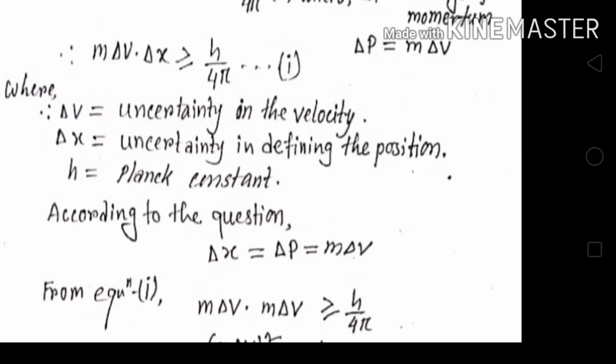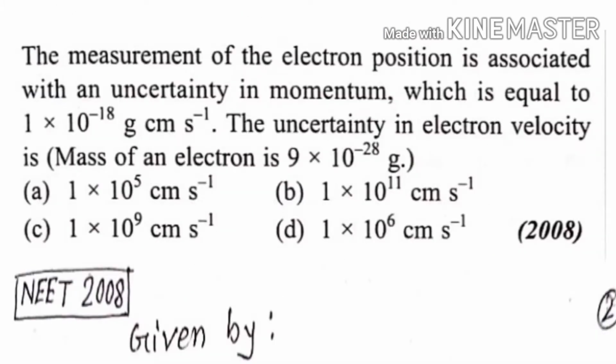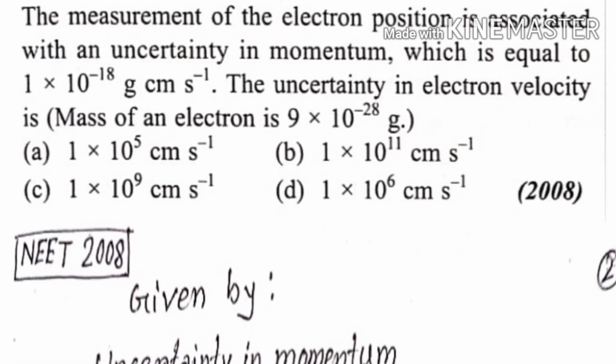Okay. Second question: the measurement of the electron position is associated with an uncertainty in momentum which is equal to 1 into 10 to the power minus 18 gram centimeter per second. The uncertainty in electron velocity, with mass of electron 9 into 10 to the power minus 28 gram, is which option?